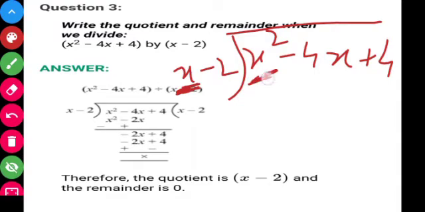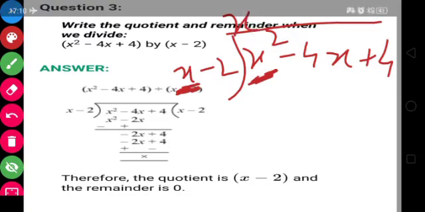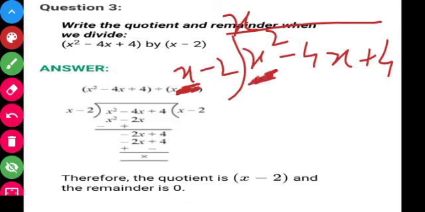So we try to cancel this. How many times x will this come in? Try to understand. We are comparing the first term of the dividend to the first term of the divisor. Here this is x square and this is x. So how many times will this x divide this? x times it will divide, because x into x is x square. Understand?